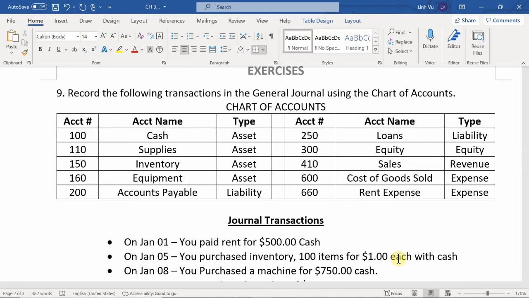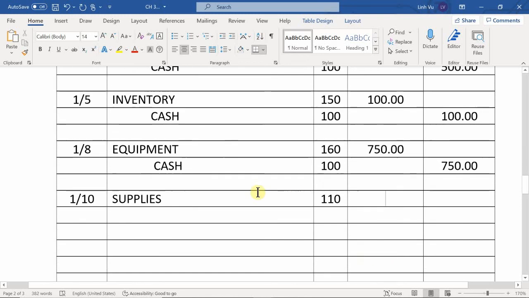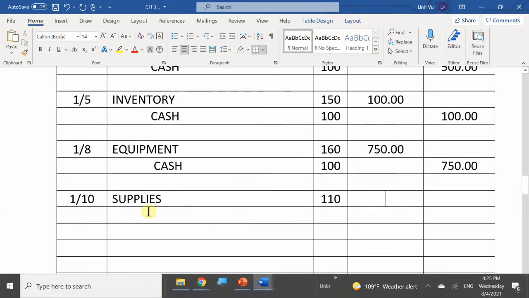It is a current liability, correct. But let's take a look at what account I have available to use. That's accounts payable, 200. Yes, accounts payable. Good.